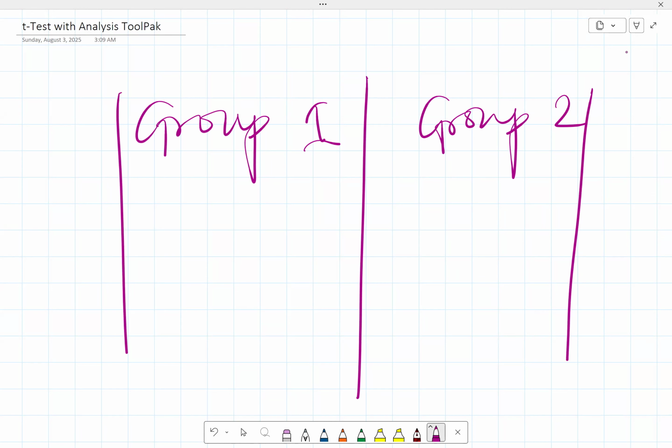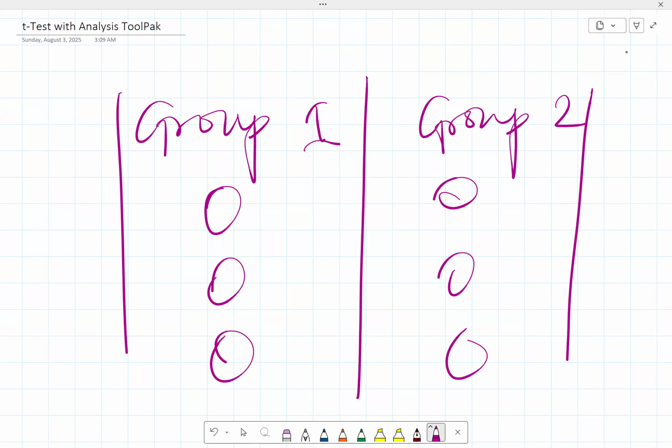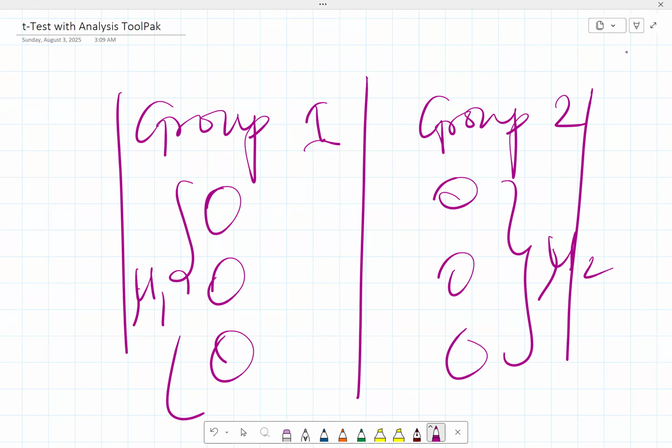You have data for each of the groups. You take the mean of this, say this is mean one, and the mean of this is mean two. So what you're trying to test is whether there's a significant difference between the means of two groups, which may be related in certain features.